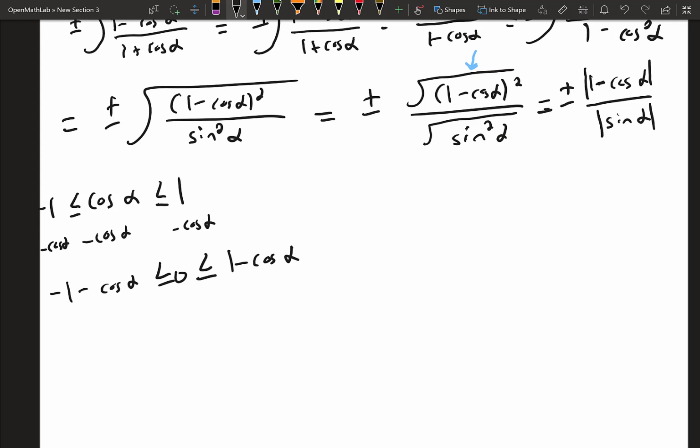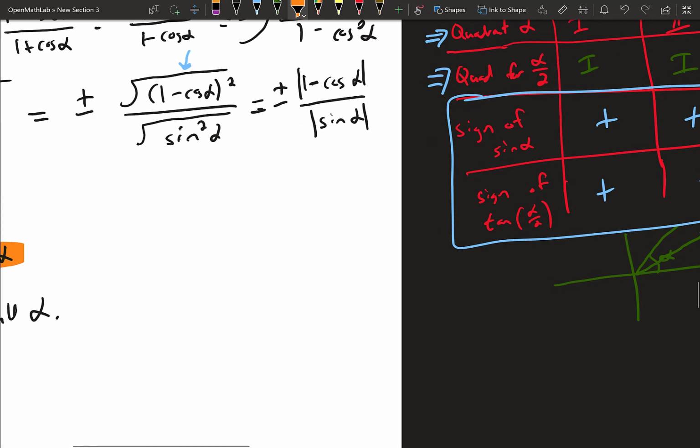So what this tells me is that 1 minus cosine of alpha is greater than or equal to 0 for all alpha. Just focusing in on that part of the inequality, 1 minus cosine alpha is always bigger than or equal to 0.